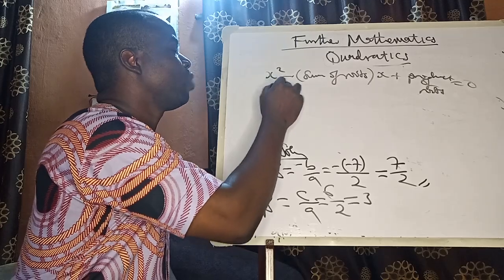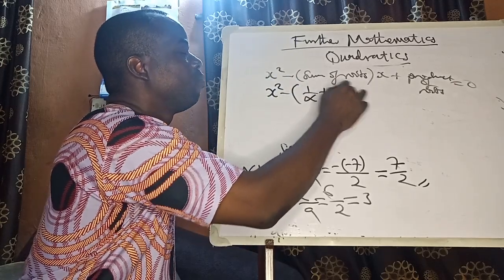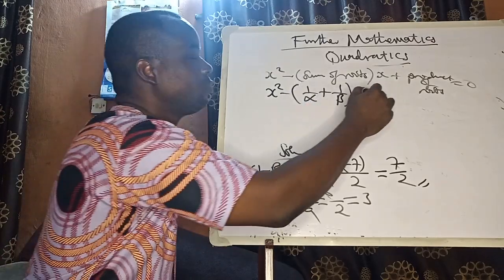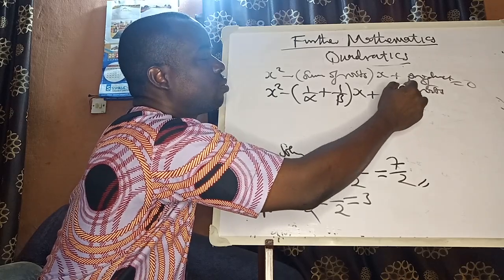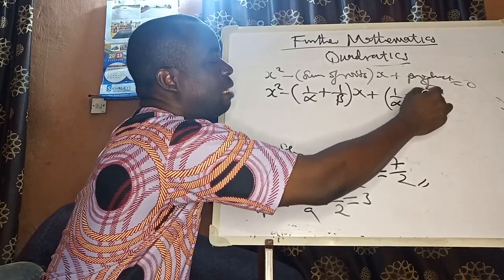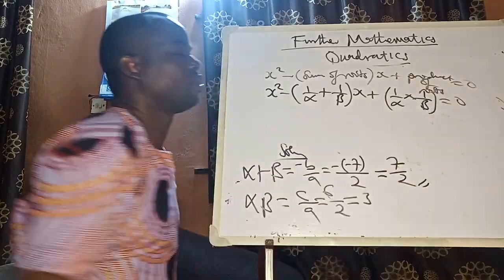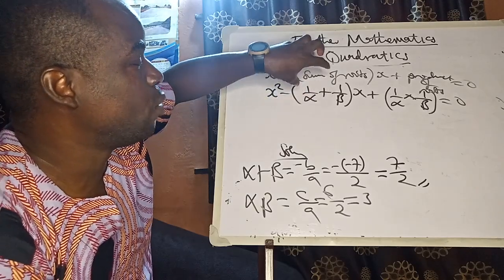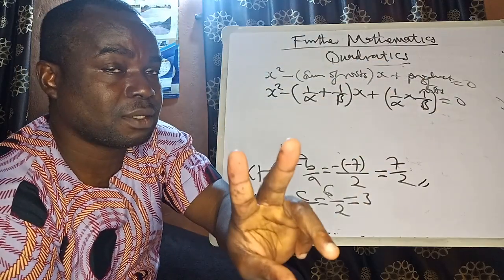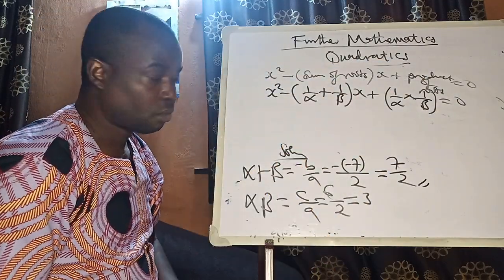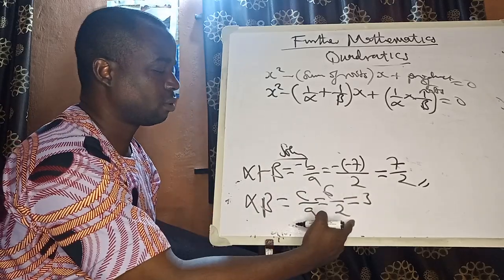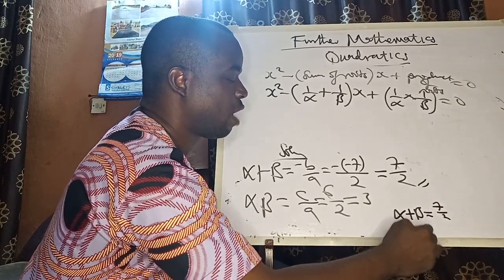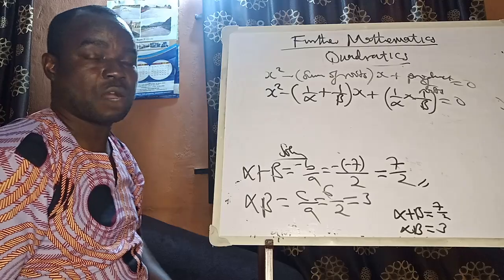So we now have x squared minus (1 over alpha plus 1 over beta) plus the product of roots, 1 over alpha times 1 over beta, is equal to 0. Now we are going to evaluate these and get the two answers. So first, let us bear in mind that our alpha plus beta is 7 over 2 and our alpha beta is 3. So keep it. We'll come back to that.